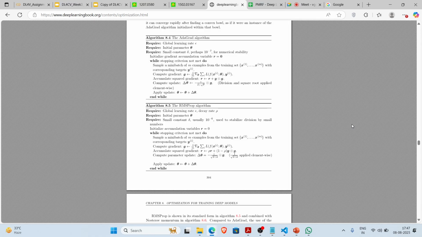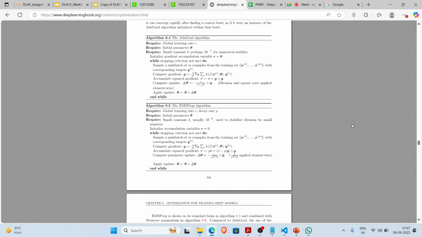Now stochastic gradient descent did not work too well either, because the loss function of deep neural networks is not convex, and it can usually get stuck in local minima.